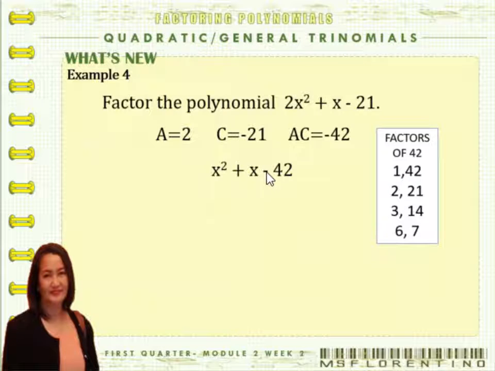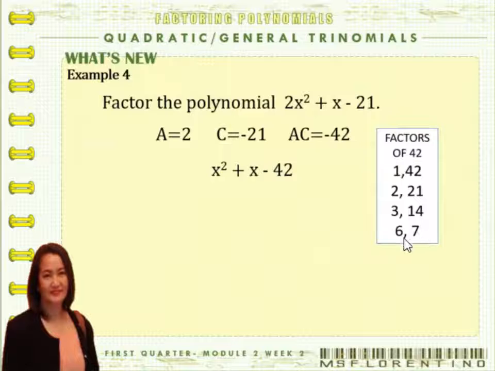Since this is negative, that means we will be using the factors, 1 positive and 1 negative. With these given factors of 42, 6 and 7 will give us the sum of 1 if one factor is negative and the other is positive.